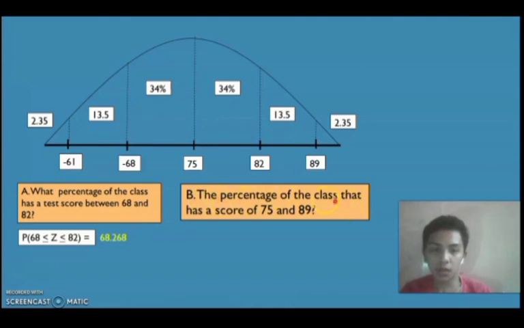For the percentage of the class that has a score between 75 and 89, we will find the area from 75 to 89, which is here. P of 75 less than or equal to x less than or equal to 89. The sum is 47.5%.